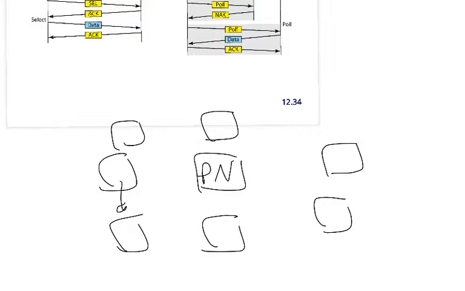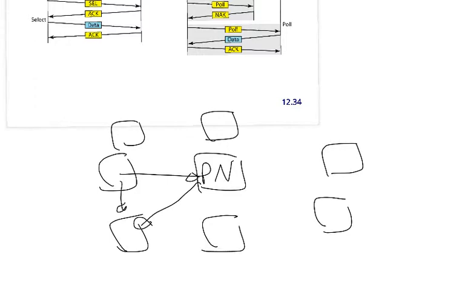So it has to send first the frame to the primary node, and then the primary node will send it to the other node in another time slot. So everything has to go through the primary node, which you can consider as a disadvantage.